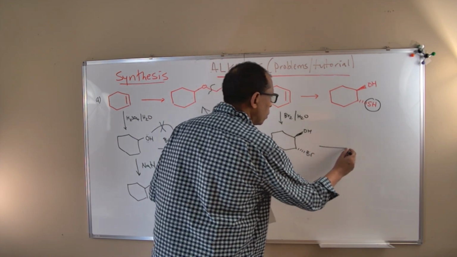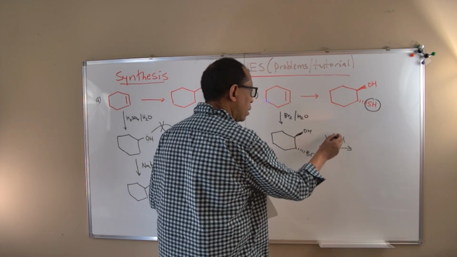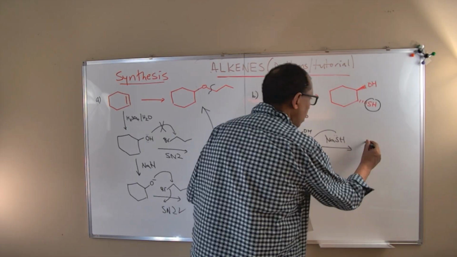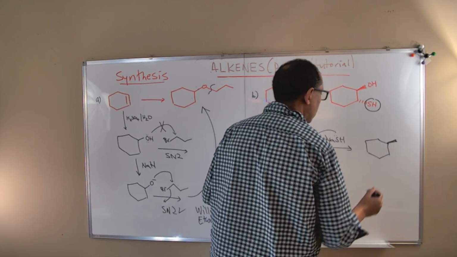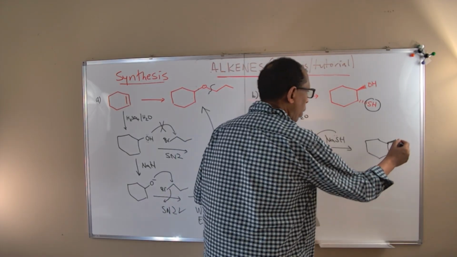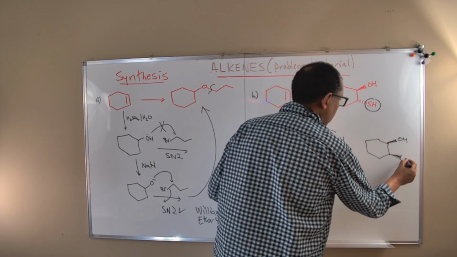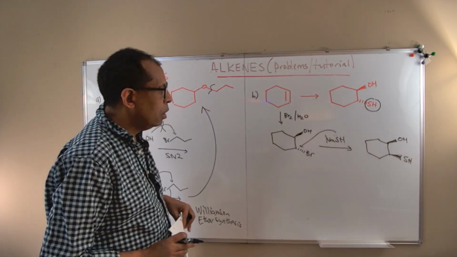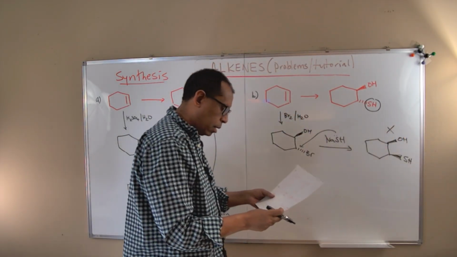If you were to attack this with an SN2 nucleophile, SH, it gives you this product, OH, and it would give you this SH, because it's backside attack. So that's not what you have. This is not the right stereochemistry.